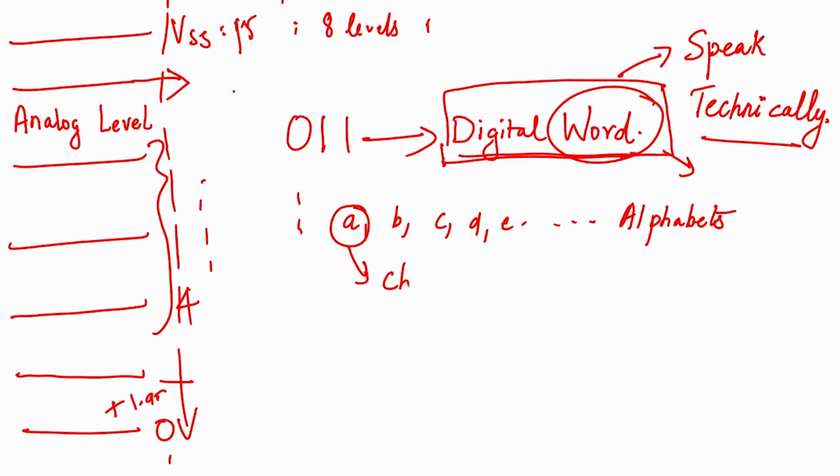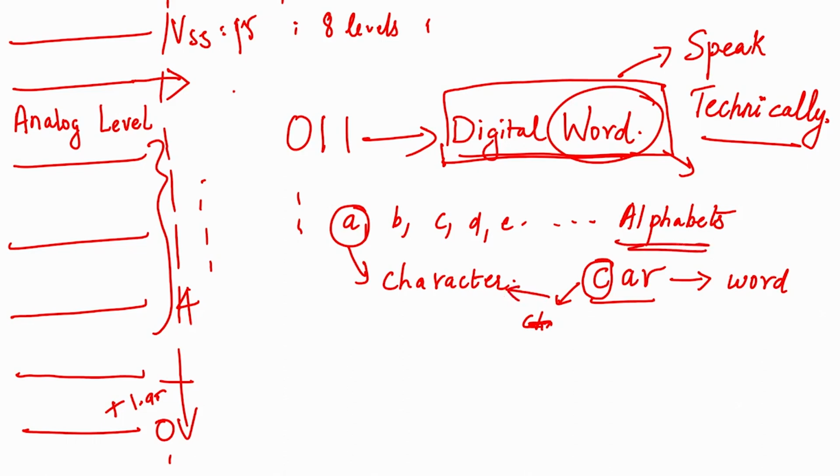Each alphabet is called a character. But when we join characters together, let us say we write car, what do we call this? We call this a word, right?